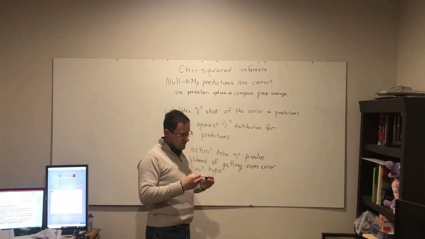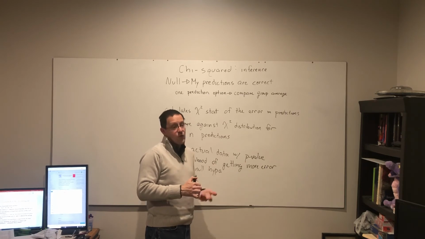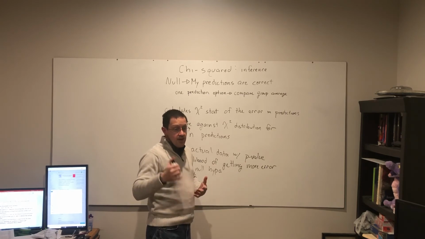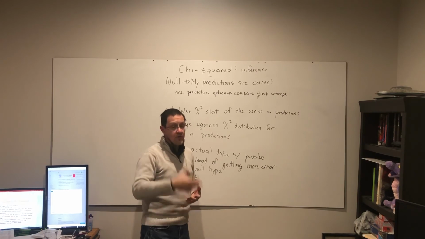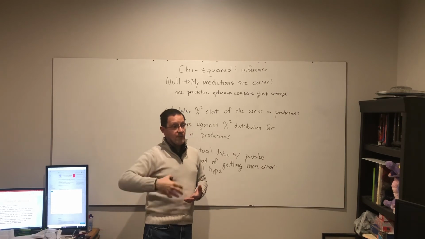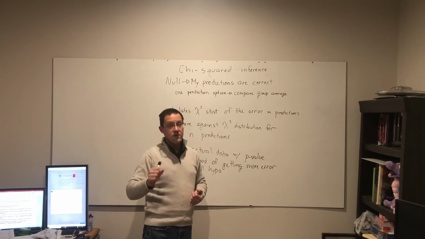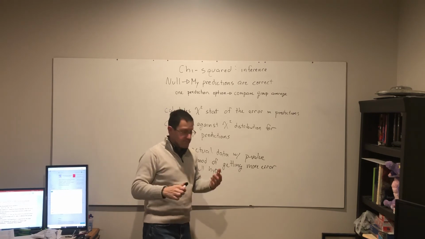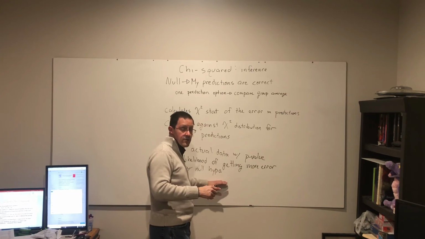So in that sense, that's how it's assessing the extent to which the data supports that null hypothesis. If my predictions are good, then there's a very high likelihood of getting more error. If my predictions are bad, then there'd be a small likelihood of getting more error. Well, that's how we would then interpret this p-value.